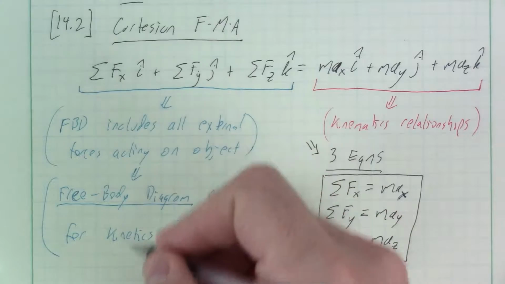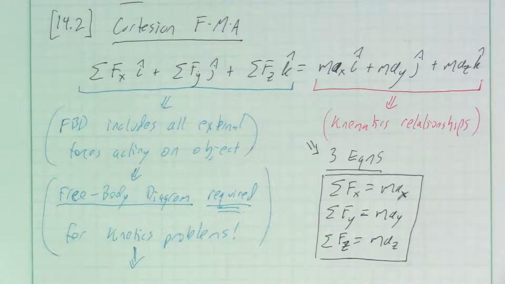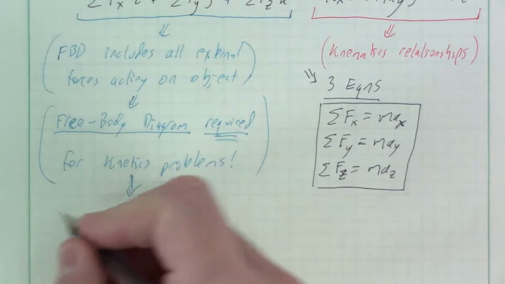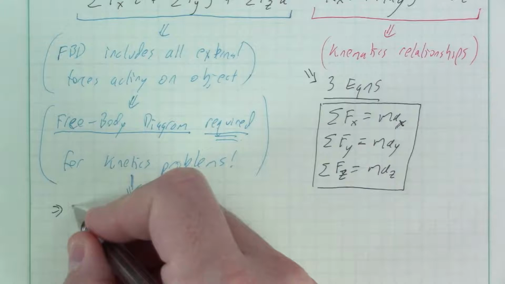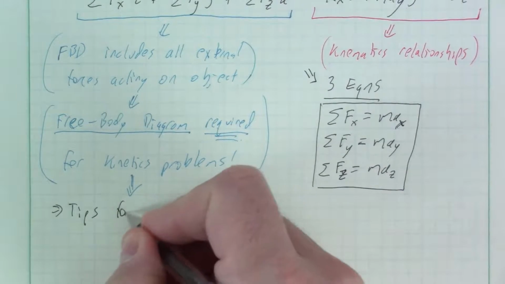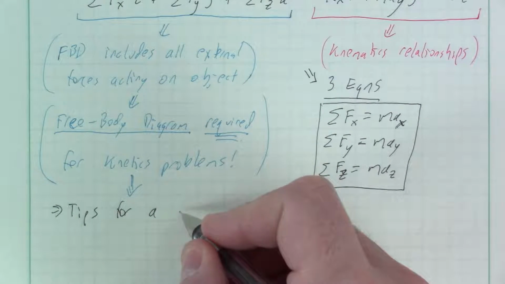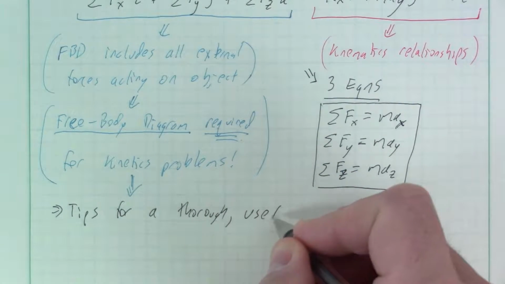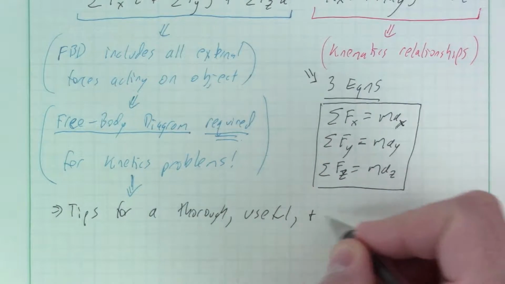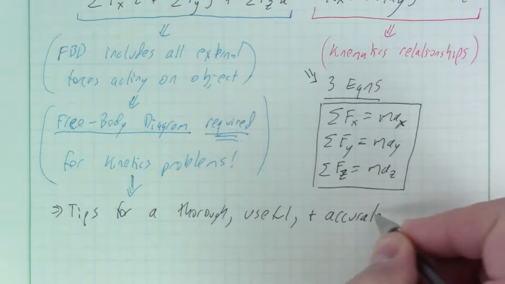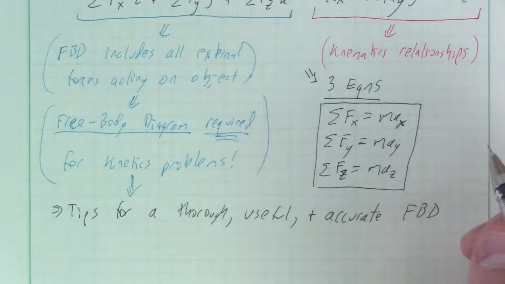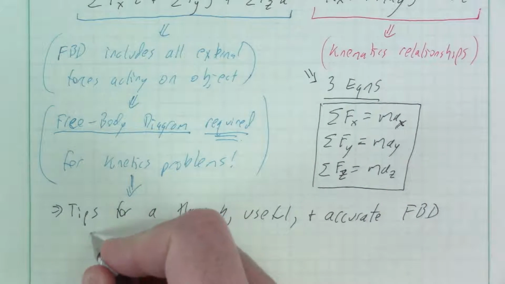Okay, so let's just make a list of the general approach to one of these kinetics problems, and then we'll just jump into problems as soon as possible here. Okay, so maybe think of these as tips for a thorough, useful, accurate free body diagram, which is what we're trying to shoot for. Okay, let's do step 0.